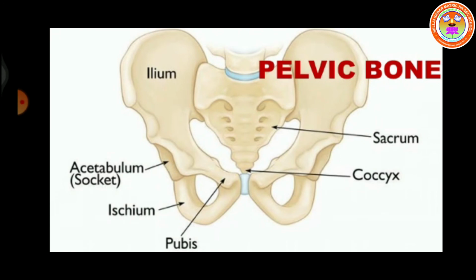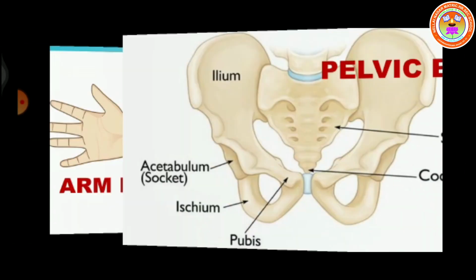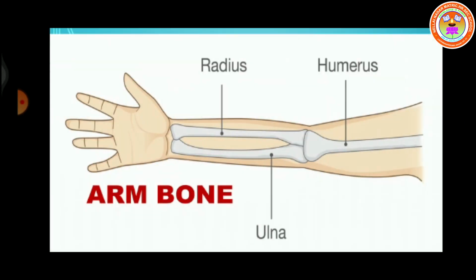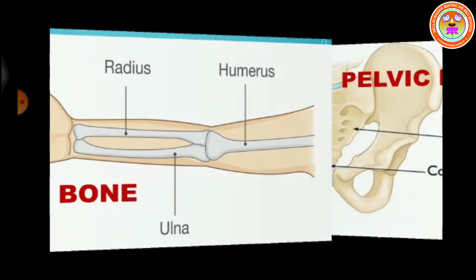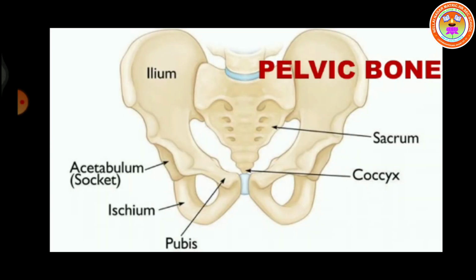The next one is the pelvic bone or pelvic girdle. The pelvic bone is also called pelvic girdle. It is made up of strong bones to balance the entire weight of the body. The pelvic girdle is formed by 5 fused vertebrae at the back and forms a cavity in the center while reaching the front part.